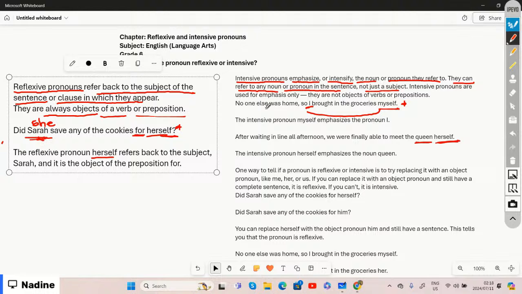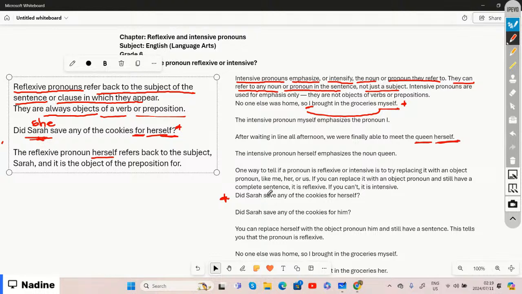All right, and if we look at an example of replacing either our reflexive pronoun or intensive pronoun with an object pronoun, which is me, her, or us, we're going to see if the sentence changes. Remember, if the sentence changes, it's an intensive pronoun, but if it stays the same, then it's a reflexive pronoun.